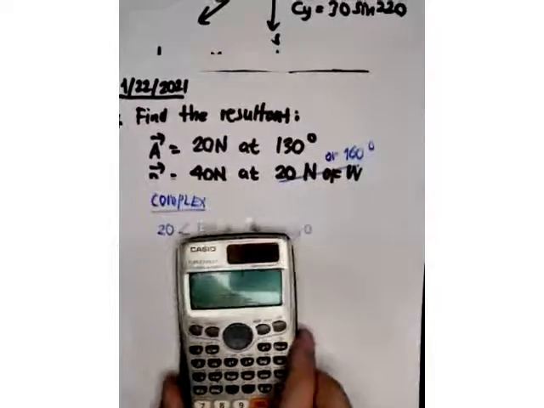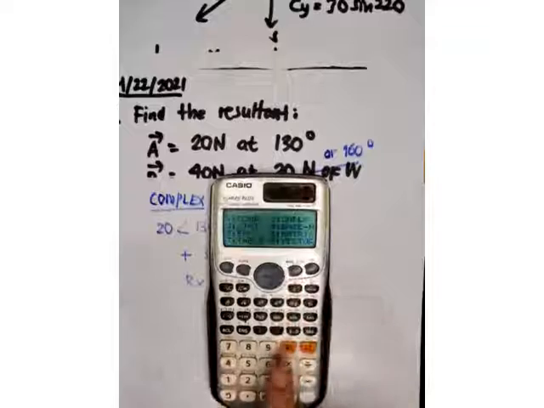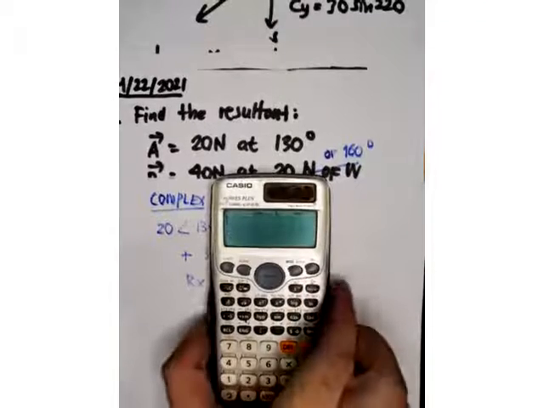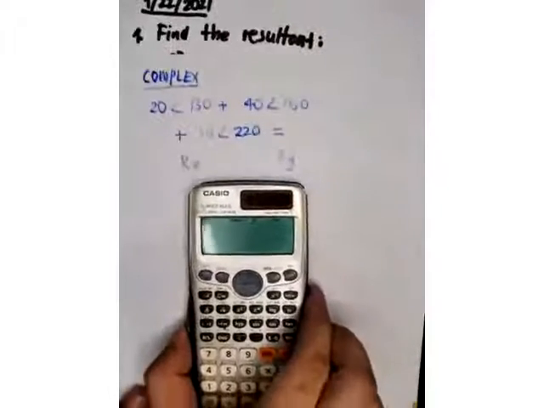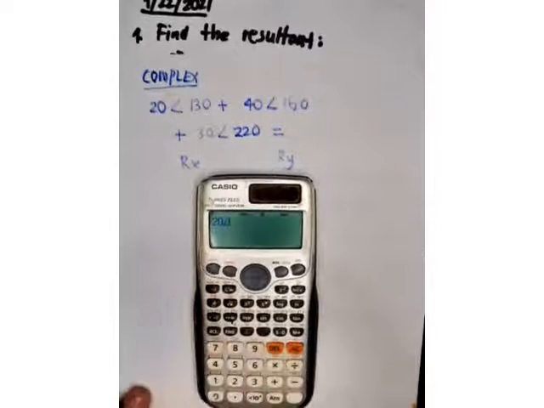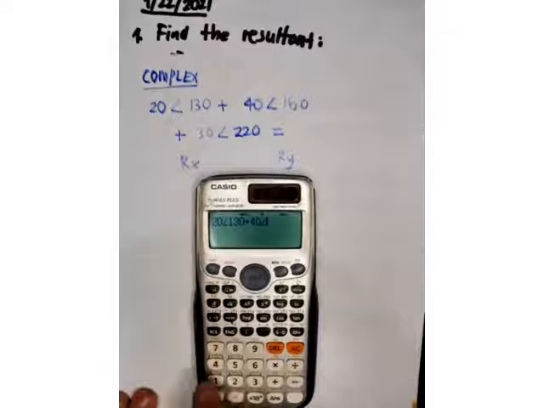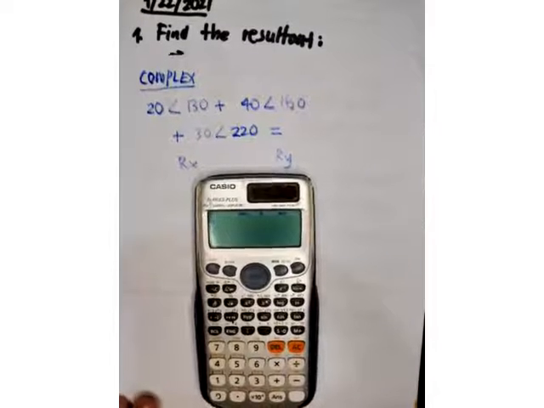Kung ito yung calcu nyo, or meron siyang complex mode, punta kayo sa complex mode, mode 2. Ayan. And then you type nyo lang 20, shift angle, 130 plus 40, shift angle 160 plus 30, shift angle 220. And then press equals.